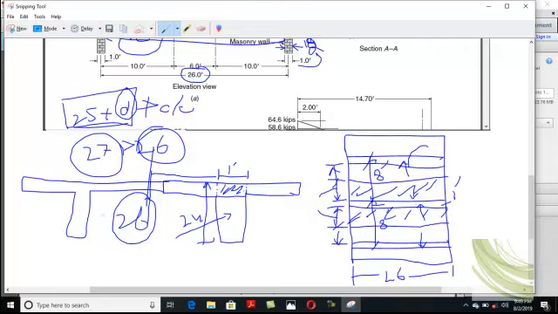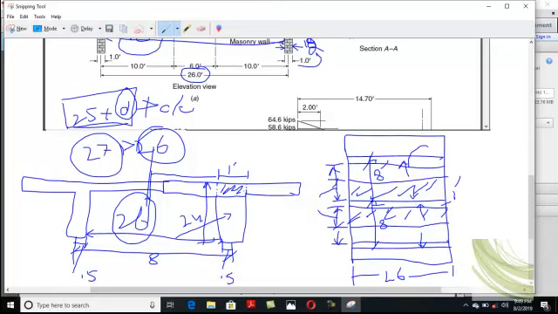Now the center to center distance between these two consecutive beams is 8 feet. So how much will be the clear distance between the webs of the beams? This will be 8 minus the half width of this beam, that is 0.5, and the half width of that beam, that is 0.5. Clear? Because 1 foot is the total width, divided by 2, this is 0.5.